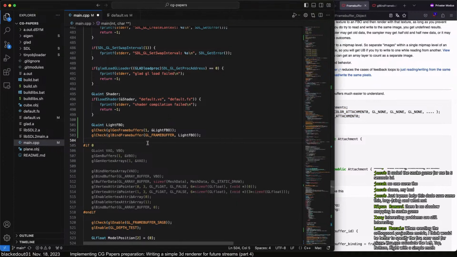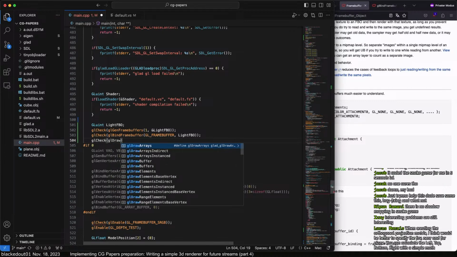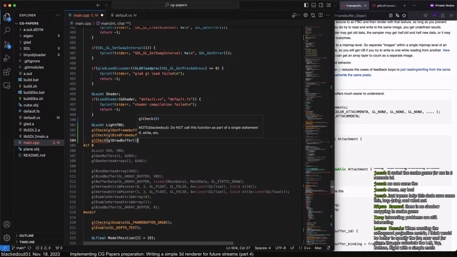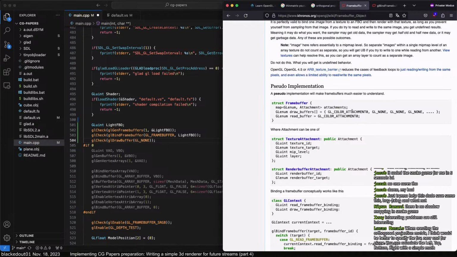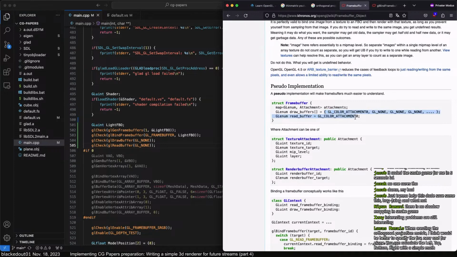This is why we specify with these commands, glDrawBuffer, that we don't have any color attachments, and the same goes for the read buffer. I think this basically sets these to none.